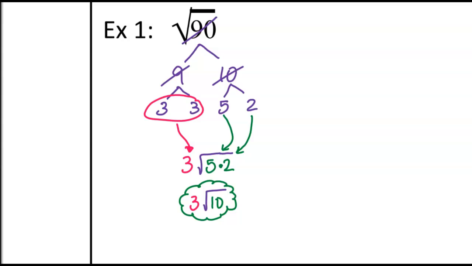Does anyone know what we're technically doing here? What are we actually pulling out of our square root? What did we actually pull out and then square root? 9. Why did we pull out a 9 and square root it? What's special about 9? What's special about square rooting 9?